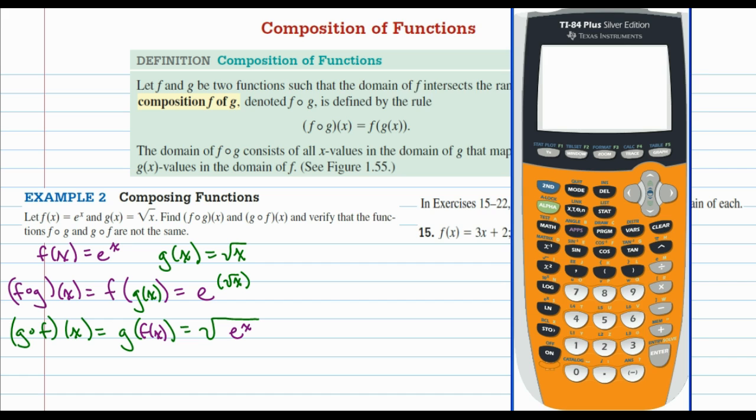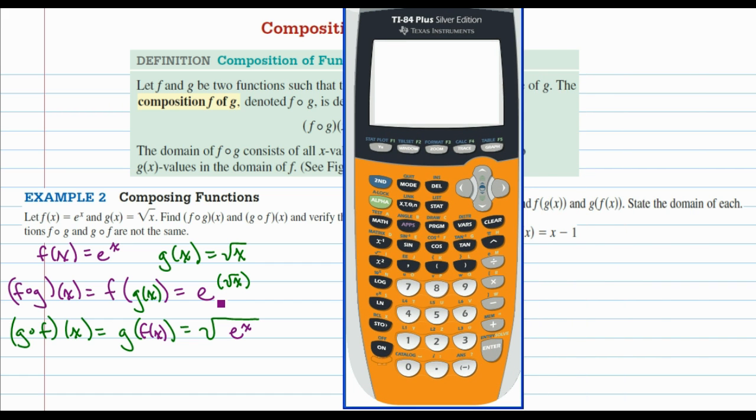So let's try and just plug in, let's see, we'll do e, so second natural log, which is right next to your 4 key, to the square root of, let's plug in 1. That has the value of e, because square root of 1 is 1, so e to the 1 is e.